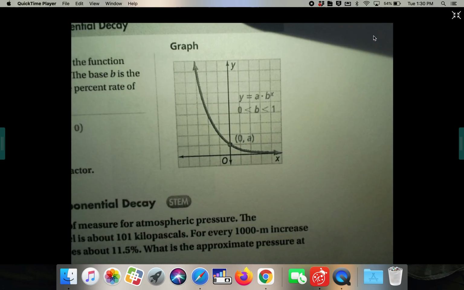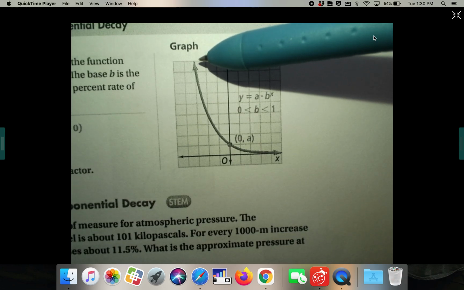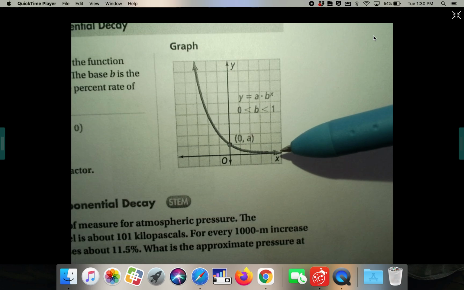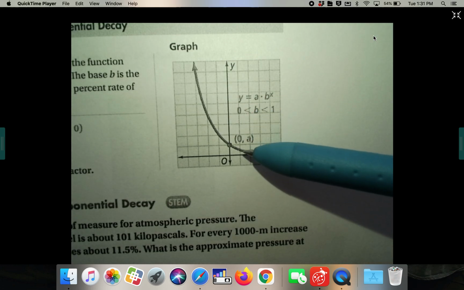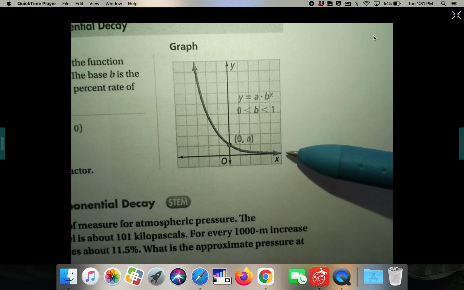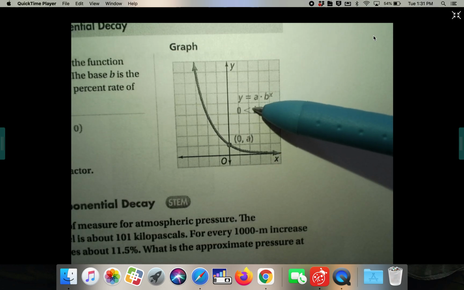This one starts really high, starts like really good. It's almost like the opposite of a good day in the stock market. You have really good stocks and then it plummets. So it just completely decays and it never drops below the x-axis. It just gets very, very close the further out you go in the numbers you choose. And again, this would be like 1/2 or something like that.